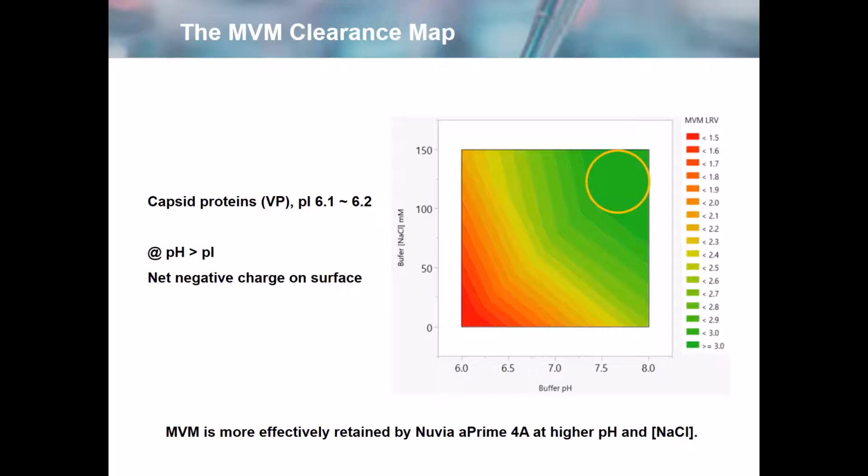The contour plot shows that the upper right quadrant of higher pH and higher salt leads to larger MVM LRV. So concluding that MVM is more effectively retained by Nuvia aPrime 4A at higher pH and salt concentration.